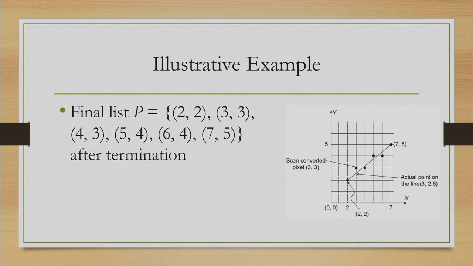So, finally, what are the points that we get? These are the pixels that we get following the steps of the Bresenham's algorithm. Now, you can compare it with the previous methods that we used.